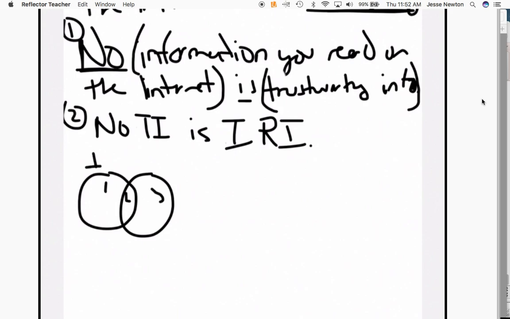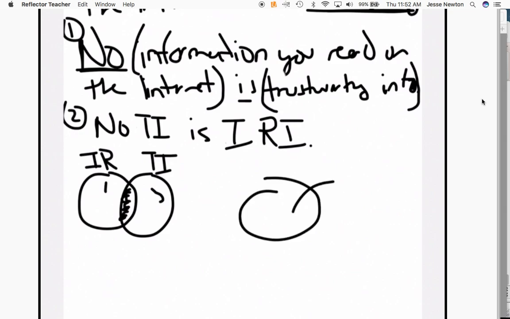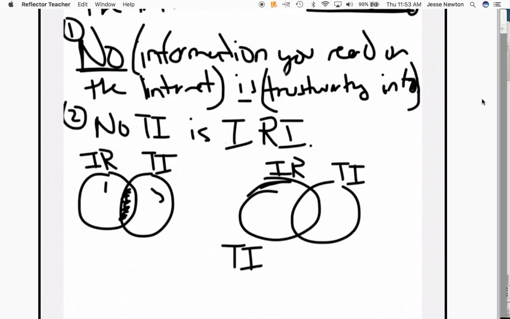So I'm just going to use IR for information you read, and trustworthy info, and if we're saying no information you read on the internet is trustworthy, we shade in 2. So what if we do it like this and we say information you read, trustworthy information, and we're saying no trustworthy information is information you read on the internet. Now we're having to work a little backwards here. We're going to use TI, and this is going to come first because it's first in this statement right here, and that's equal to regions 2 and 3.